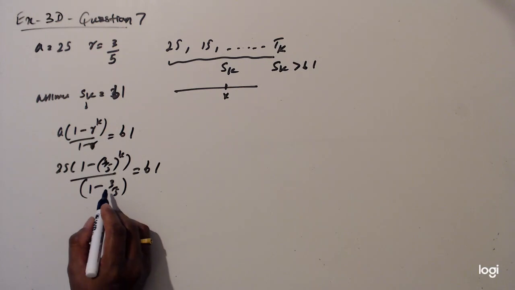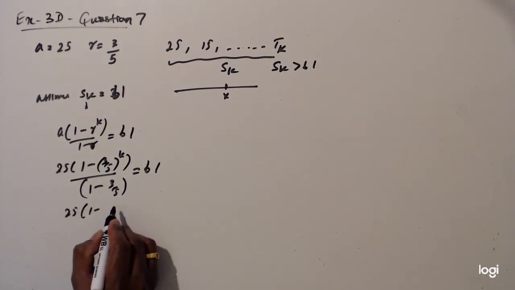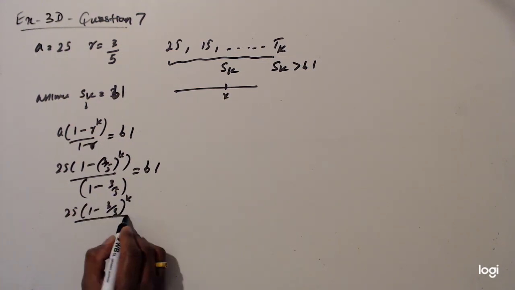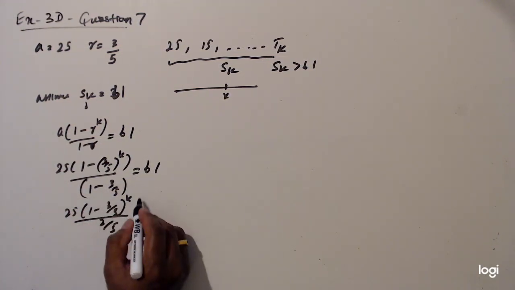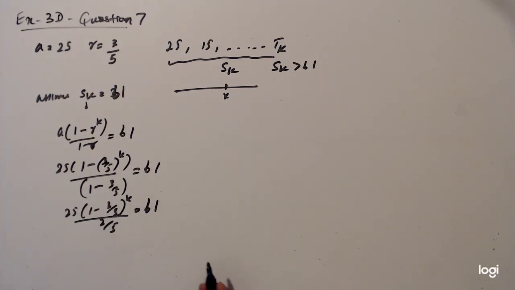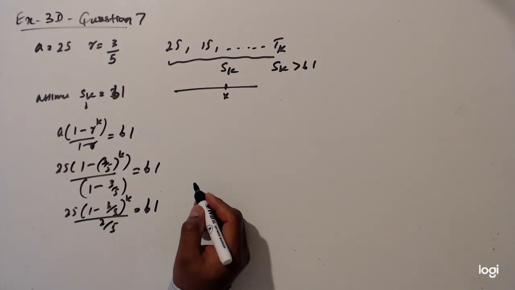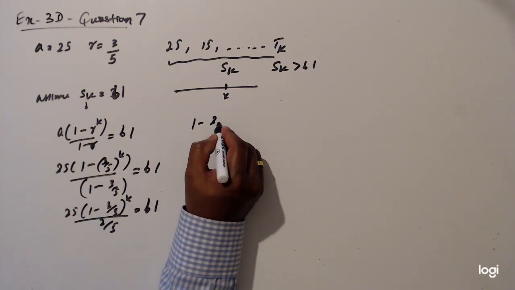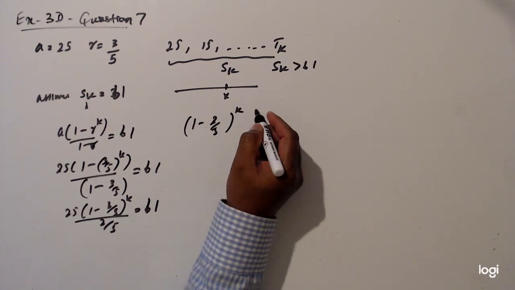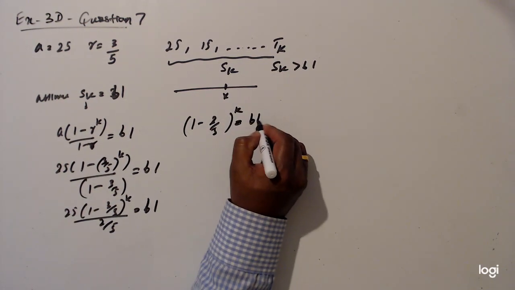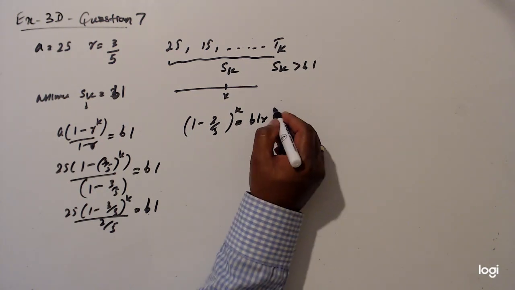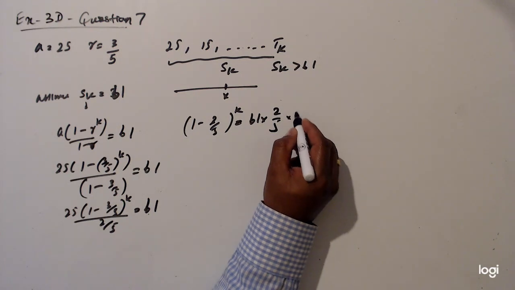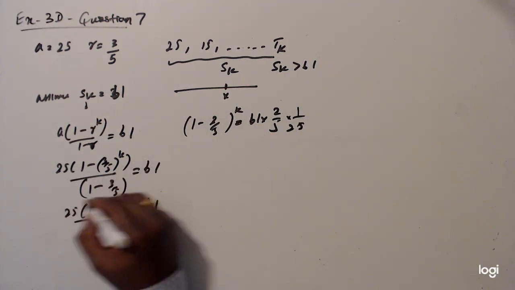And 1 minus 3 over 5 is 2 over 5. Now this is going to be 1 minus 3 over 5 to the power k equals 61 multiplied by 2 over 5, divided by 25. I'll bring this one down.